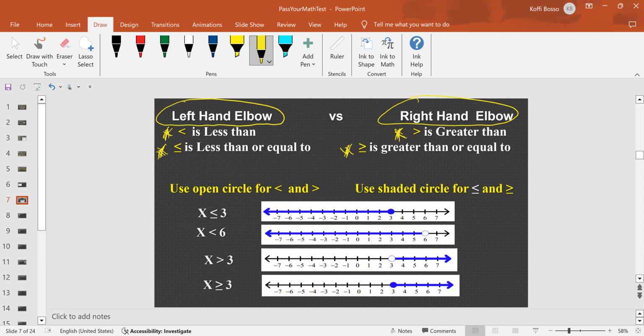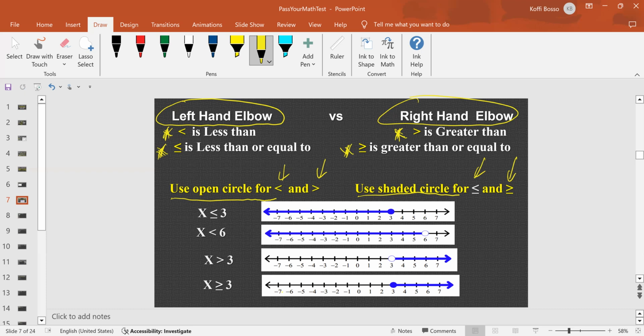Now, in terms of a graph, understand that you're going to use an open circle for is less than, same thing for is greater than. Instead, you're going to use a shaded circle for is less than or equal to, same thing for is greater than or equal to.